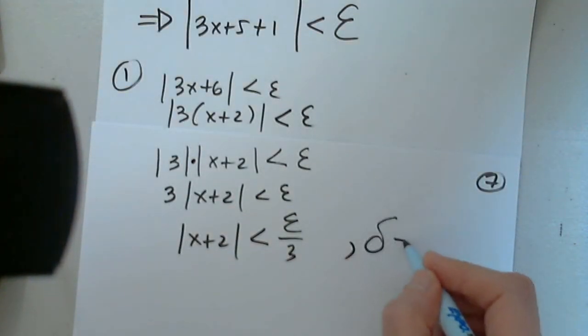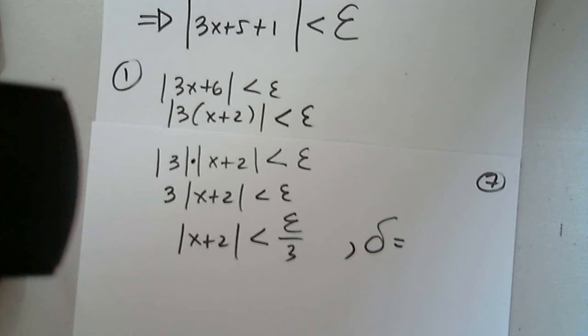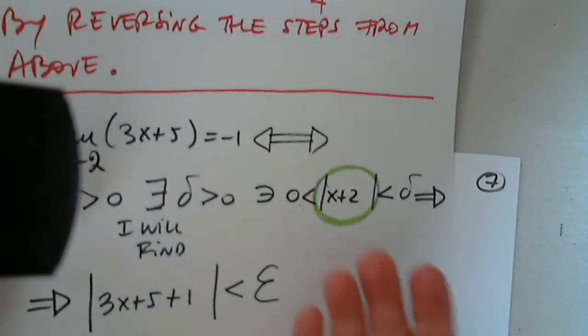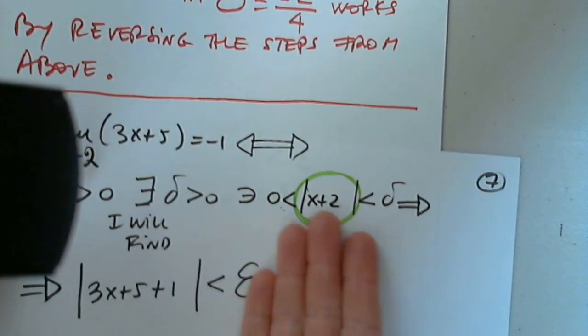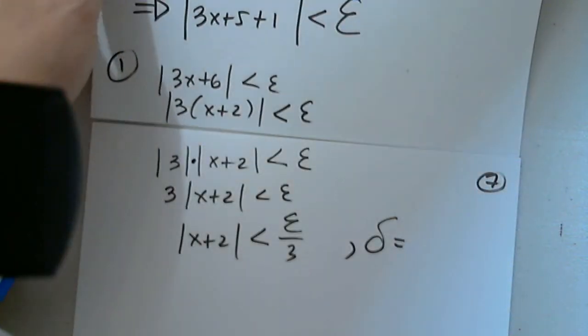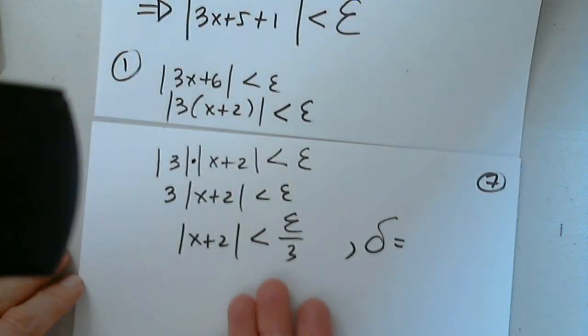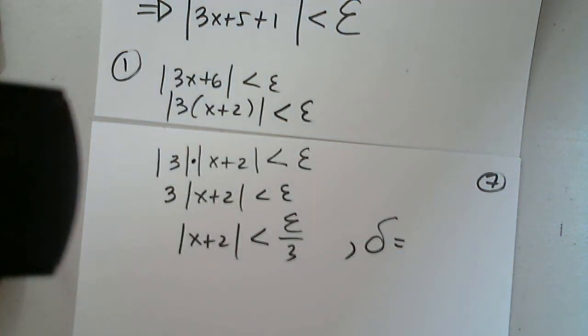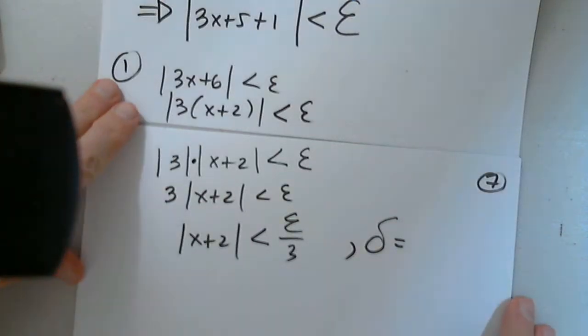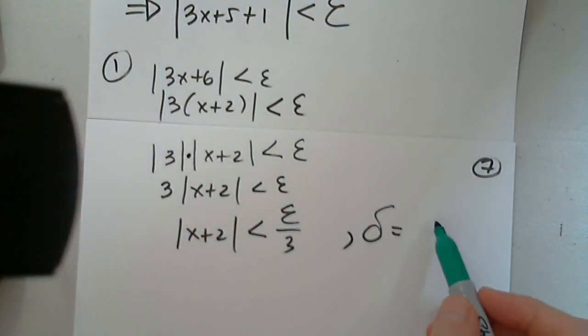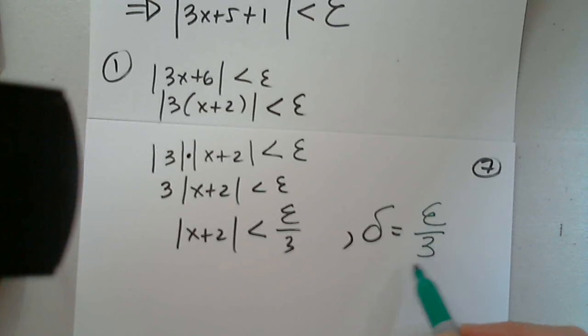Finally, what do you think delta is? And don't say anything just yet. Just compare this to this, and you'll know what delta is. Just compare. So what is delta? Epsilon over 3. Done.